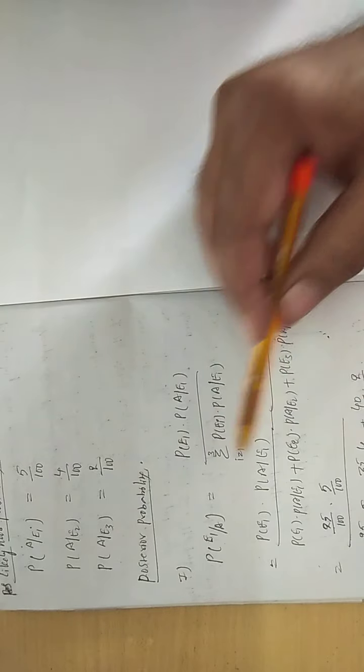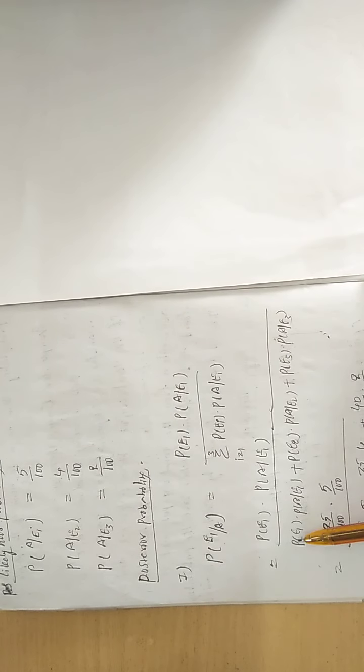Three values, because three machines are there. Probability of E1 into probability of A given E1, plus probability of E2 into probability of A given E2, plus probability of E3 into probability of A given E3. If you carefully observe, it's nothing but the classical definition: favorable number of events by total number of events, the denominator.